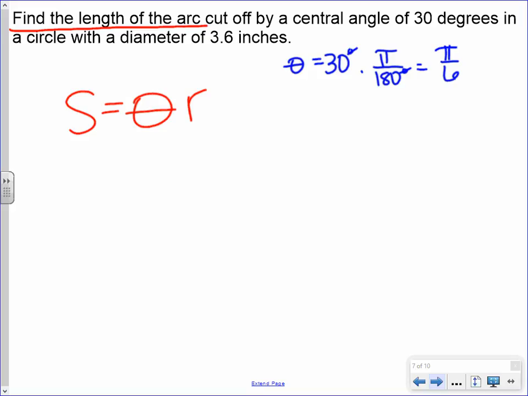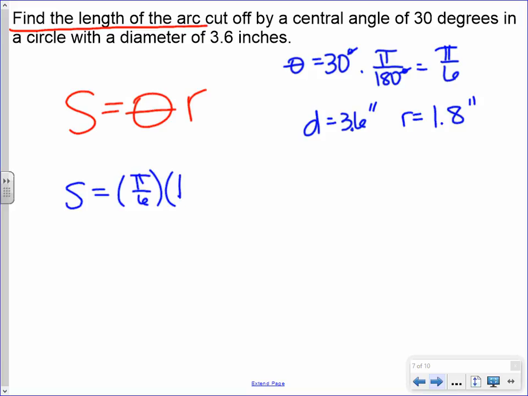Then, if our diameter is 3.6, what does that mean about our radius? 1.8. Okay. So our arc length is pi over 6 times 1.8.